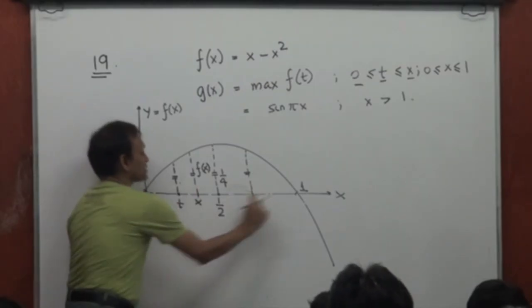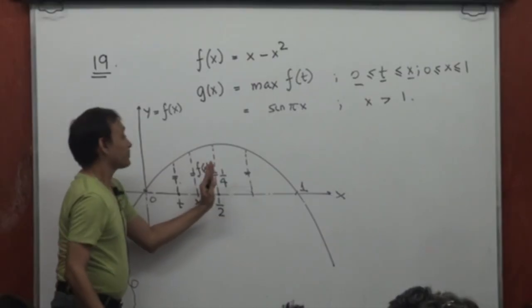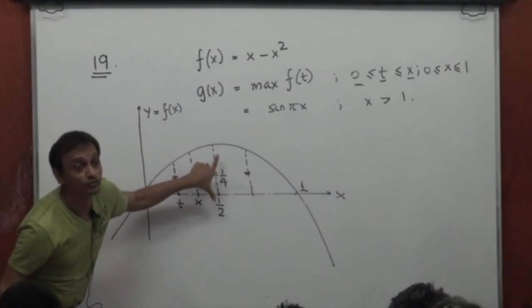So it depends on where x is located. From 0 to half, the behavior is like f(x). From half to 1, the behavior would be 1/4, right?